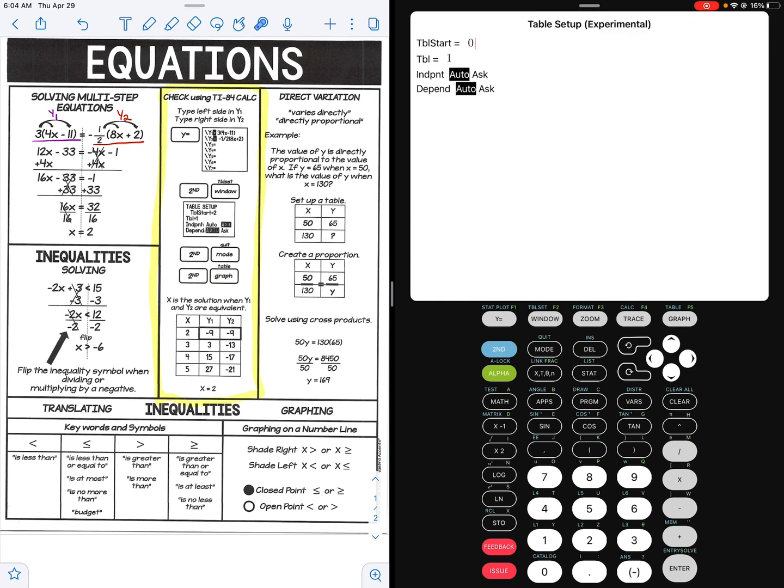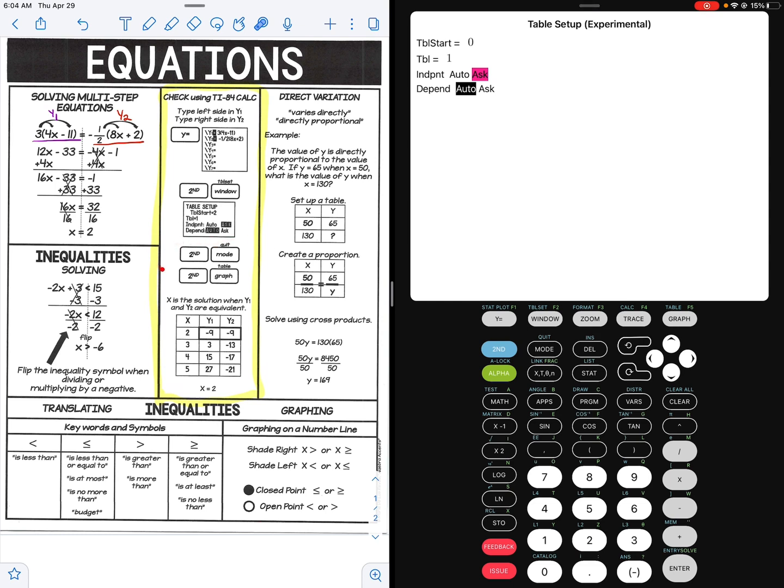We're going to let the table start at 0, and your calculator probably says delta table. We're going to let that stay 1, and the independent setting we're going to change to ask. If you can't change it to ask, don't worry about it. We leave it on ask, and we're done.